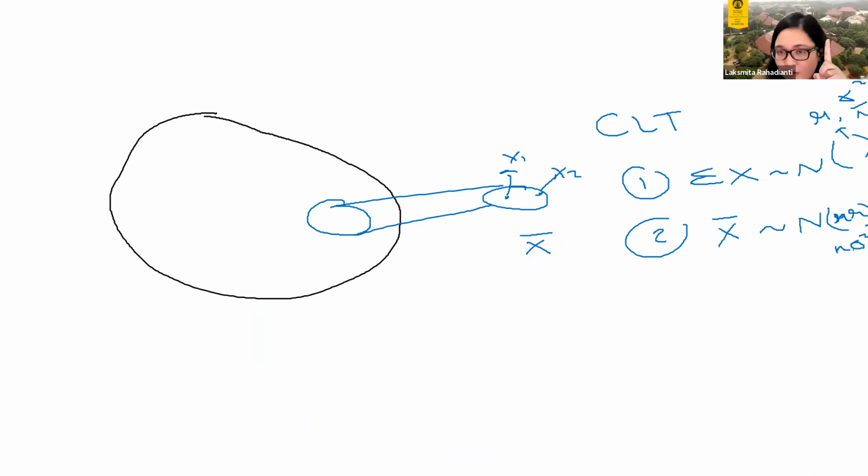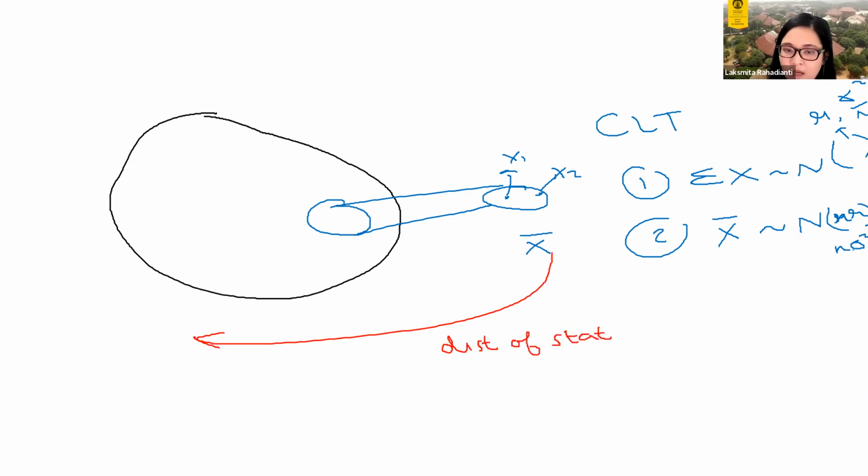This is the first part, which is the distribution of sampling statistics: what we were able to infer from our sample. From our sample, we infer the distribution of the statistics, so not yet the actual value of the statistics.